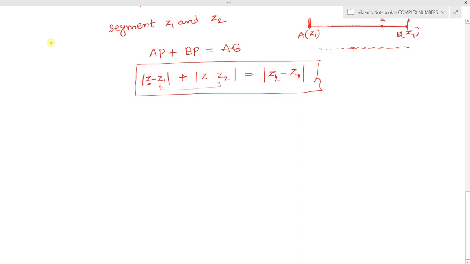Now we consider the next, the fourth one. We have a point A which represents the complex number Z1 and a point B which represents the complex number Z2, and the point P moves in this way.